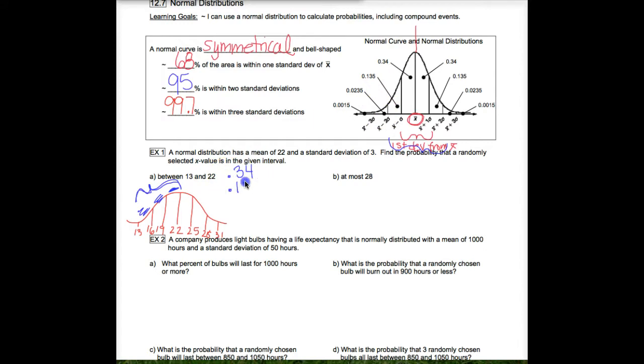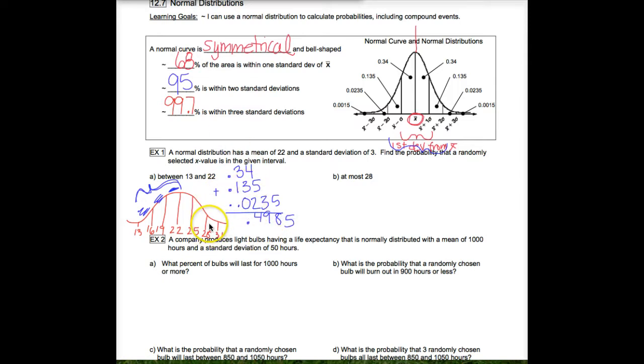So take that, take the 0.135, which is the second one, and then take the 0.0235. So I put my decimal point there twice. If you add all of those up, you get 0.4985. And so that's going to be your probability.